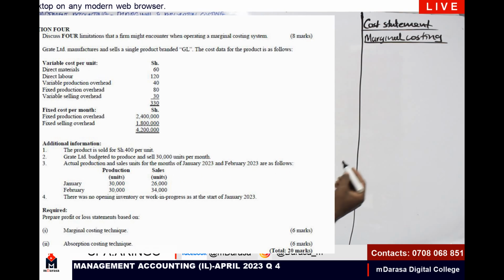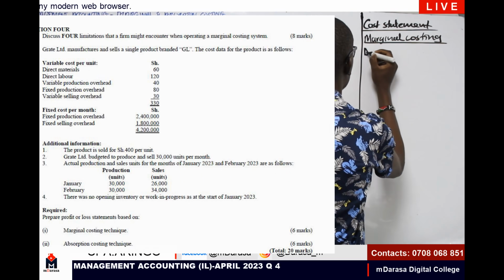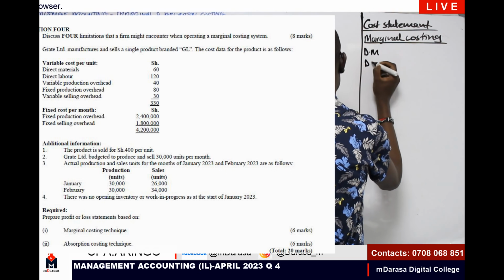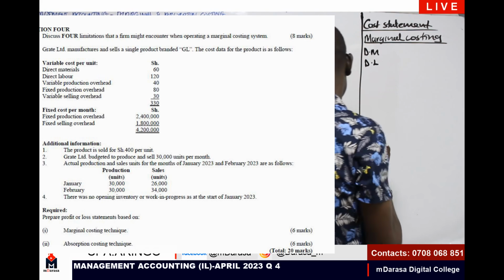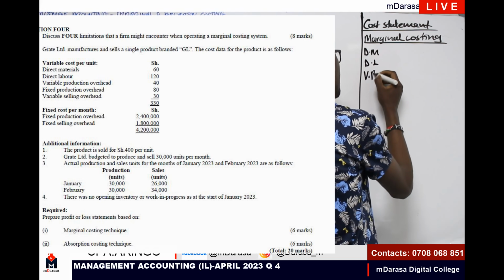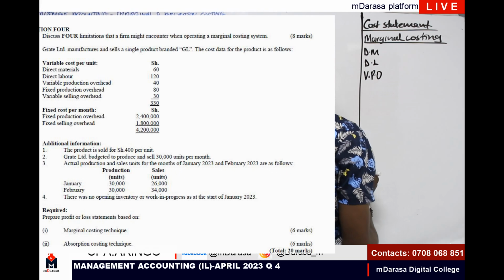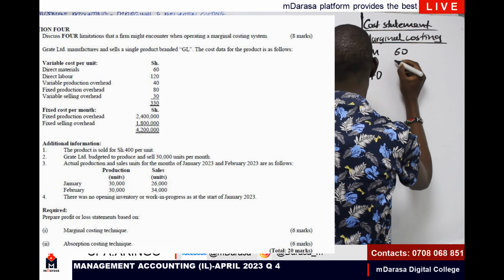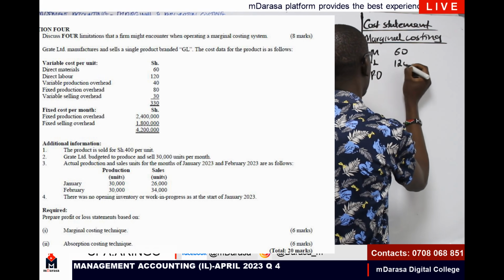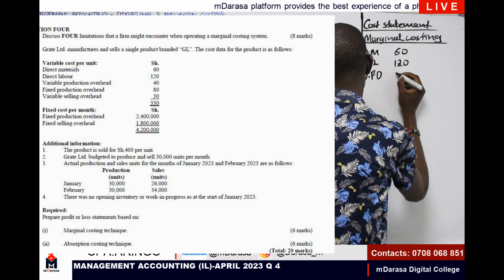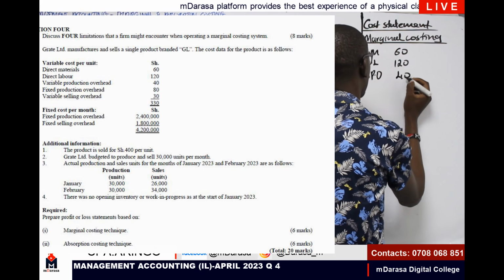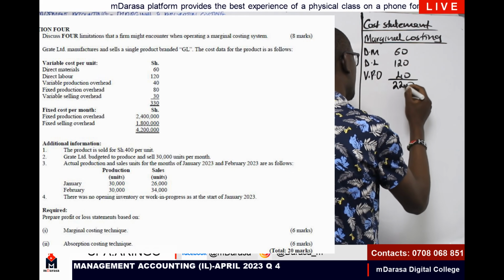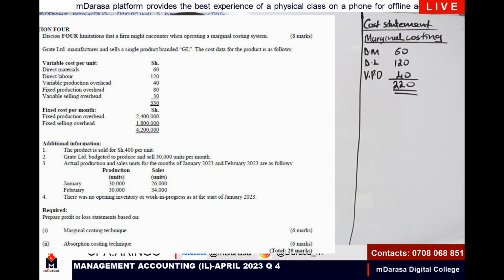Here I'm having direct material, direct labor, and variable production overheads. Selling won't affect us at this point. I'm having 60, 120, and 40. This should give us 100, that is 220. So I'm having 220 for marginal costing.